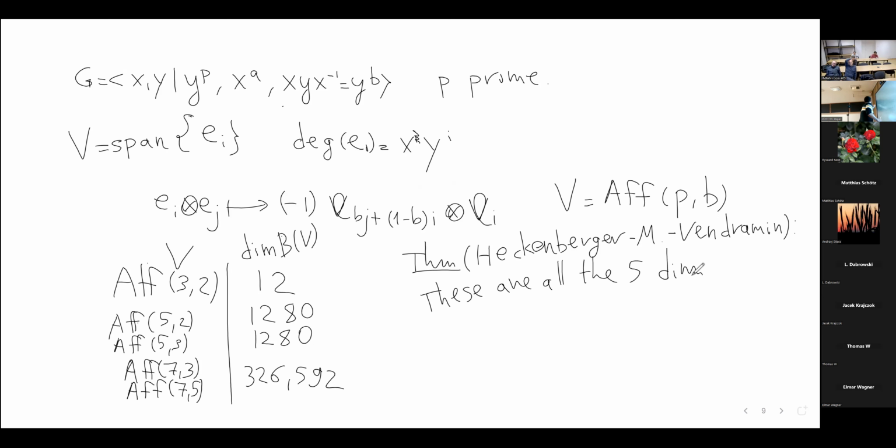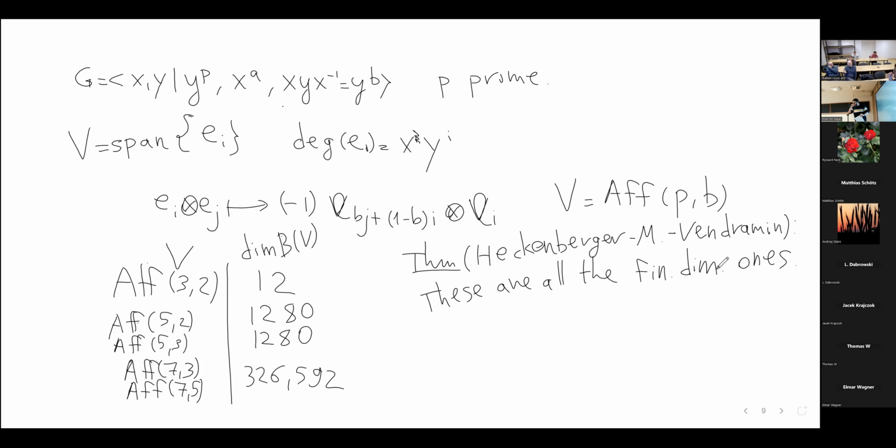Actually, we proved something a bit more general: if you have a Yetter-Drinfeld module of dimension p, and some condition holds, like the support of the module generates the entire group, and it's irreducible, then necessarily it's one of these five.